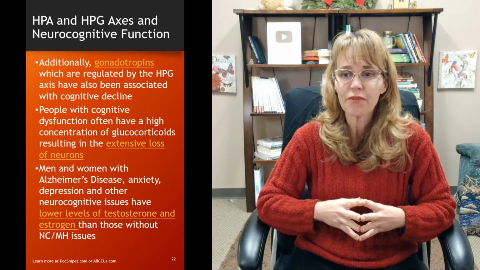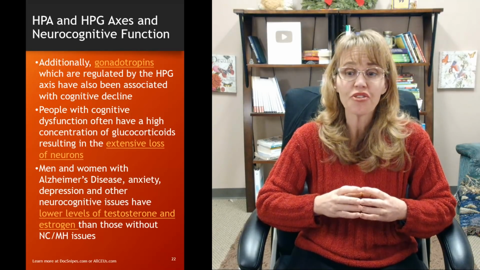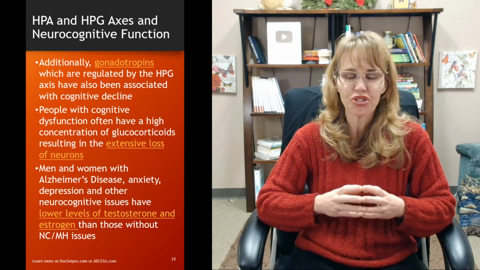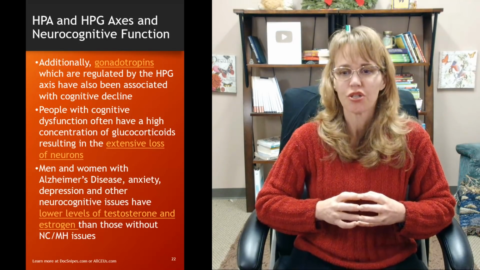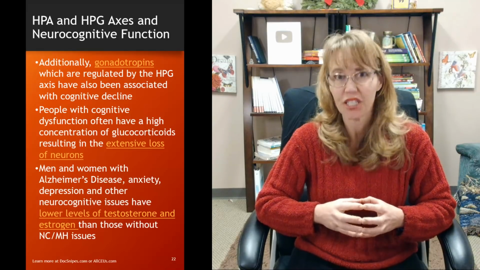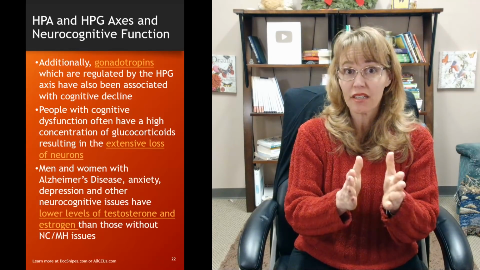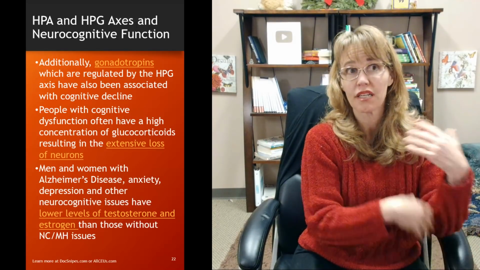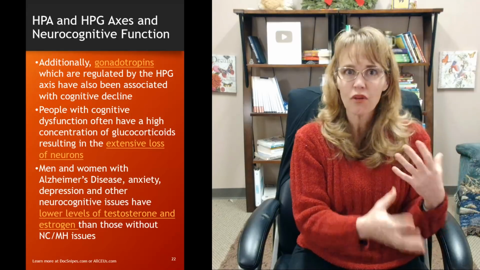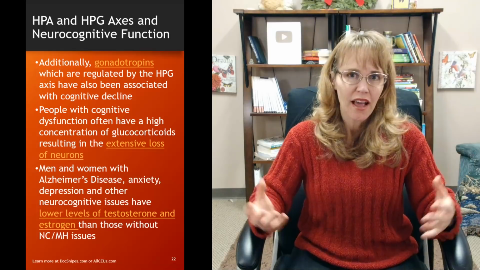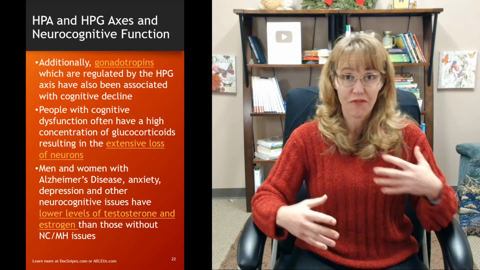Men and women with Alzheimer's disease, anxiety, depression, and other neurocognitive issues have lower levels of testosterone and estrogen than those without neurocognitive or mental health issues. They found so frequently the correlation between neurocognitive and mood issues and disruption in or imbalance in gonadal hormones that it should be a matter of course when we see someone for counseling.